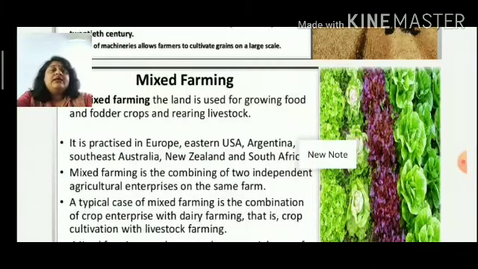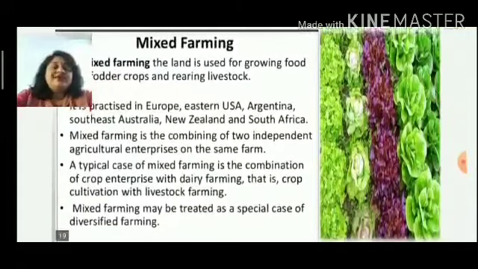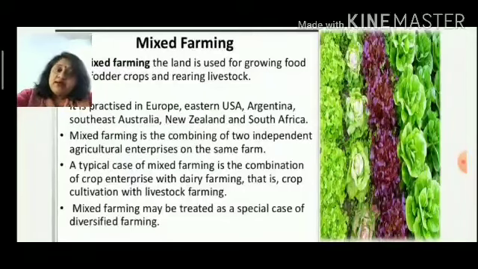Mixed farming includes the land is used for growing food and fodder crops and rearing livestock. It includes both works. Okay, along with food crops, fodder crops are also being grown. So it is practiced in Europe, Eastern USA, Argentina, Southeast Australia, New Zealand, and South Africa.